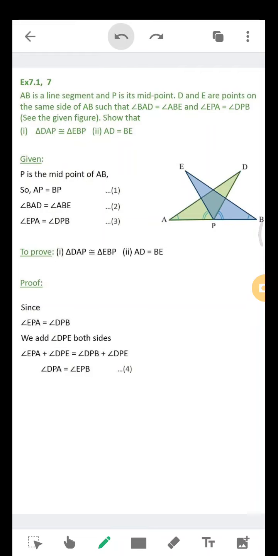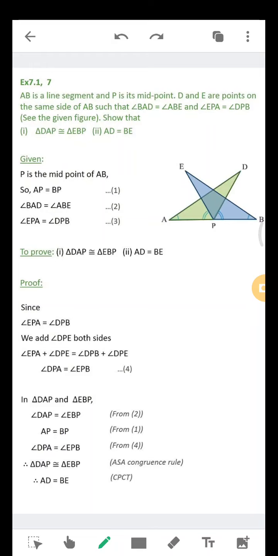Now let's prove these two triangles are congruent. So in triangle DAP, this triangle, and EBP, the blue colored one, we know that DAP is equal to EBP. This is given to us, okay. This is from 2. You can name this angle as DAP or BAD, that doesn't matter.